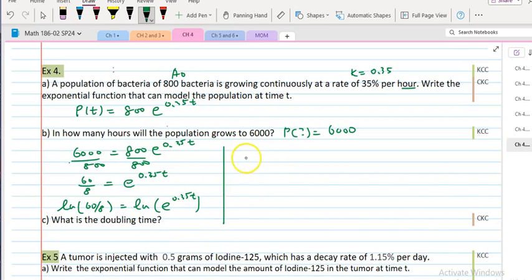That's like what we have done all the time. That means ln 60 over 8 is equal to 0.35t times ln e, which is 1, right? So then t would be ln 60 over 8 divided by 0.35.